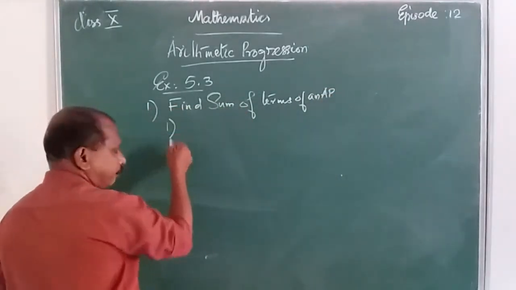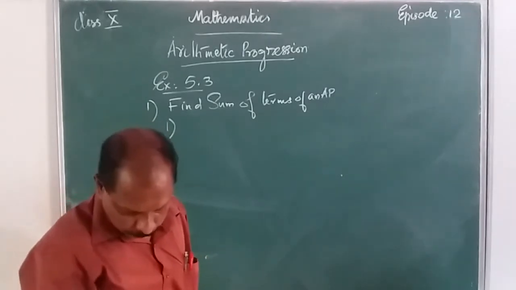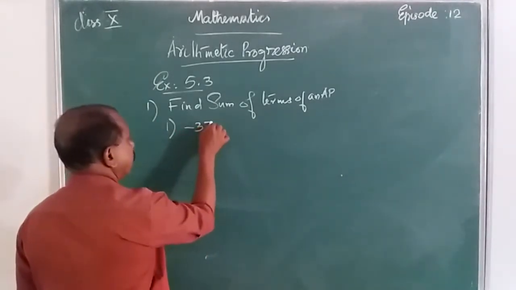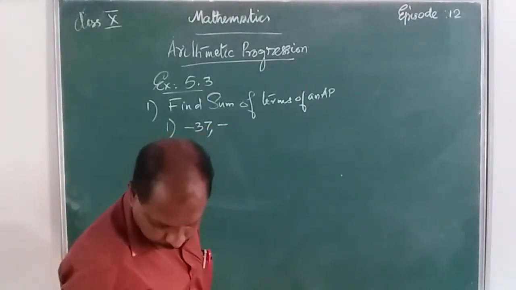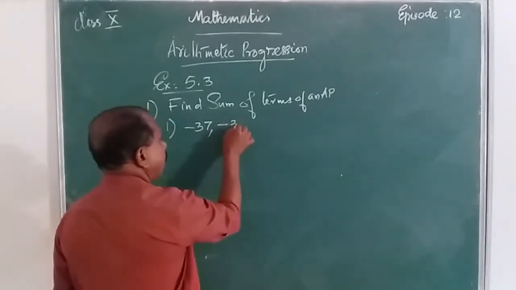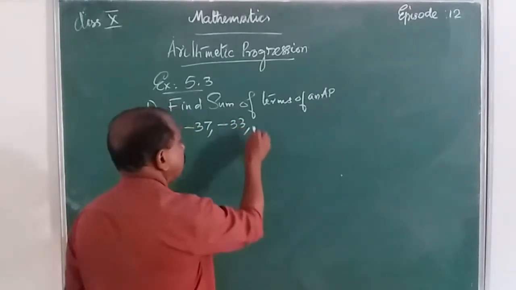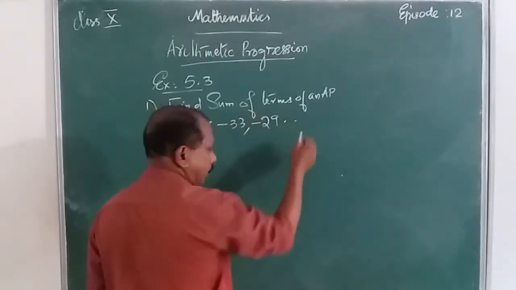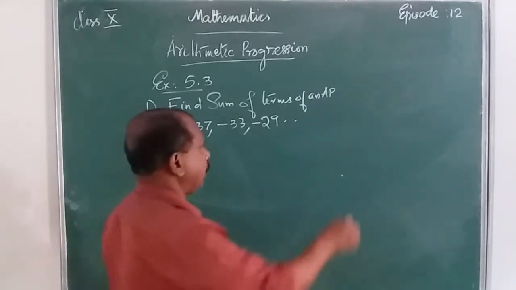The first one is -37, -33, -29, and so on, to 12 terms.